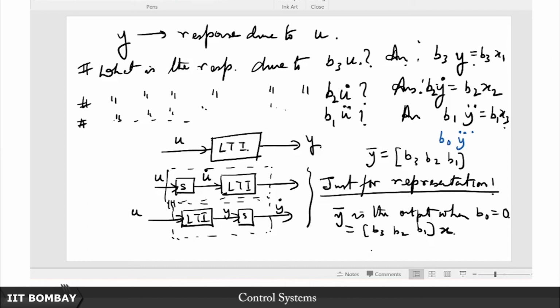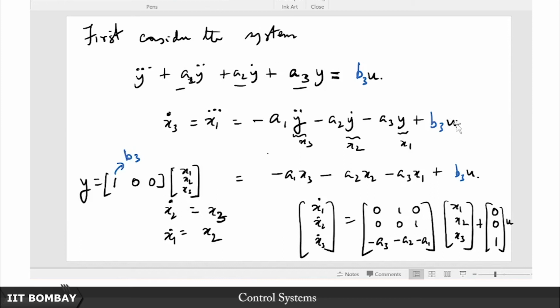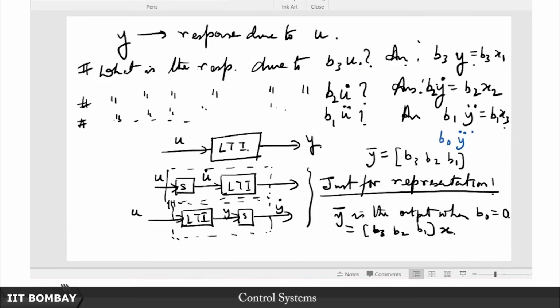Now notice, here we studied the effect due to u, then we said that if you know the effect due to u, you know the effect due to u dot, u double dot, and so on. The effect due to u triple dot is going to be nothing but B naught times the expression for y triple dot.